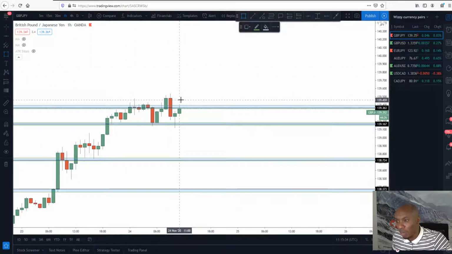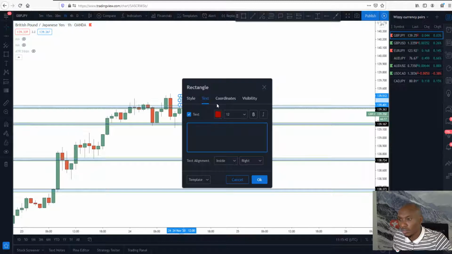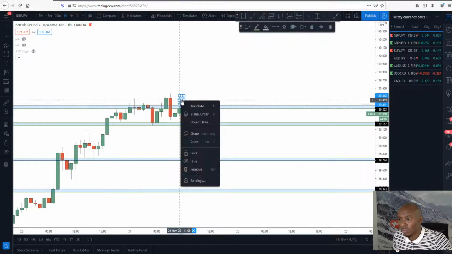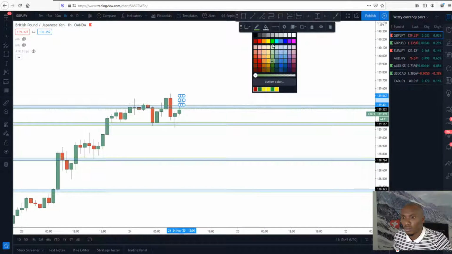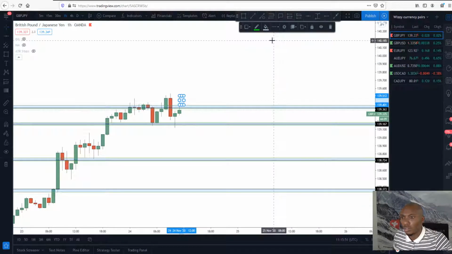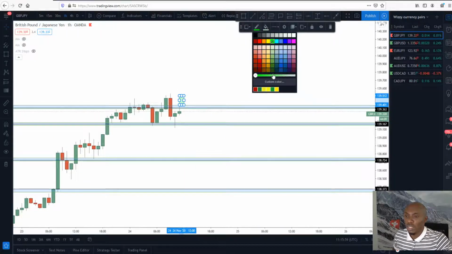If it closes above right now, yeah. So if this candle closes like this, let me put dark green.